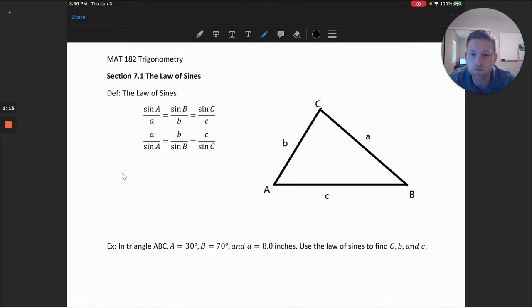So this is a really helpful tool to be able to solve for unknown sides and angles of an oblique triangle. Any non-right triangle is referred to as an oblique triangle.